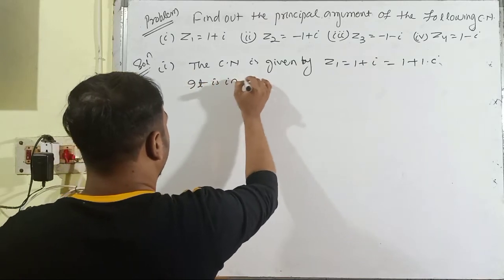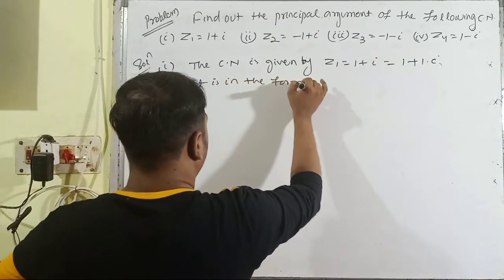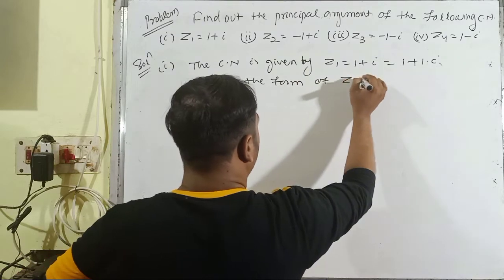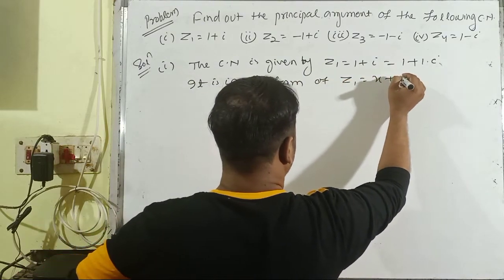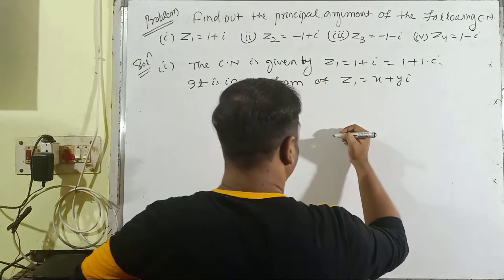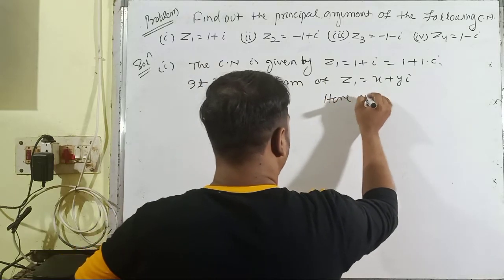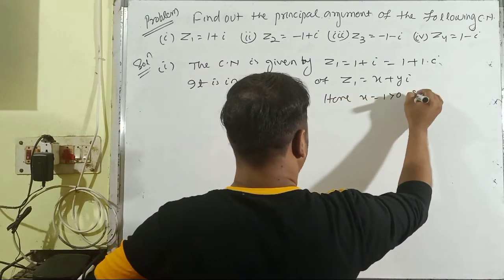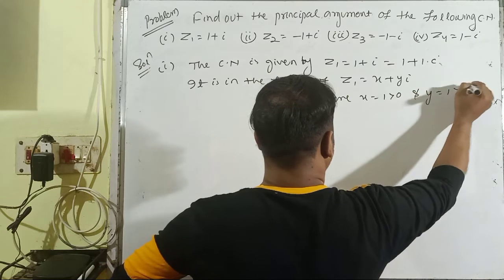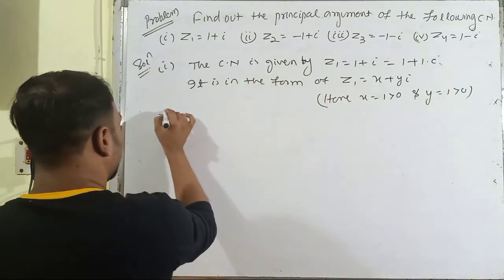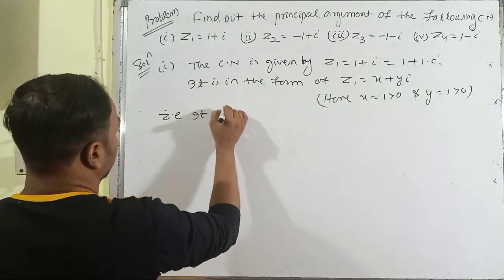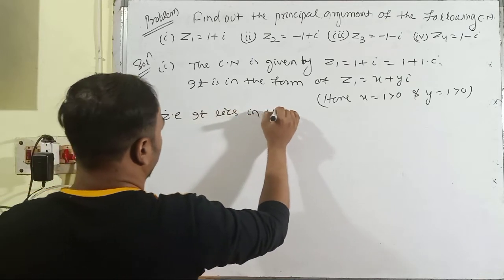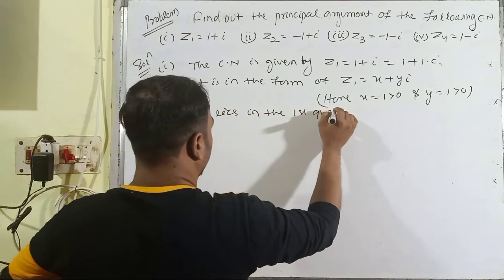It is in the form z1 equal to x plus yi. Here x is equal to 1, greater than 0, and y is equal to 1, greater than 0. That is, it lies in the first quadrant.